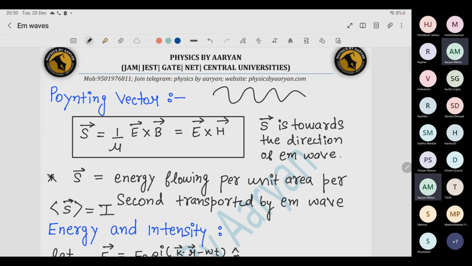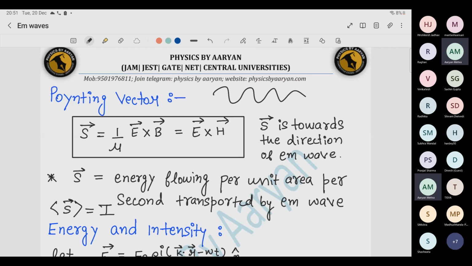So the time average of the Poynting vector actually gives you intensity, because intensity is never defined as instantaneous intensity. You never define intensity as at this time intensity is this, at this time intensity is this. Intensity is always an average phenomenon. Always remember this. In many interviews, they will ask you this.